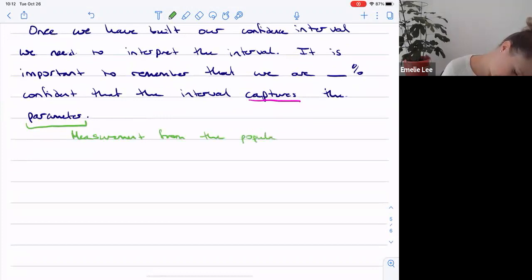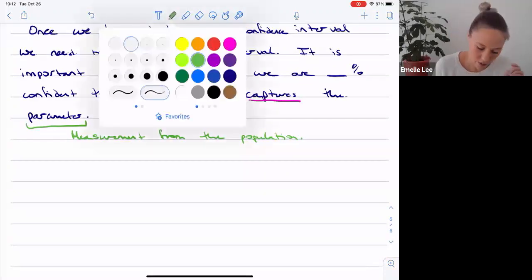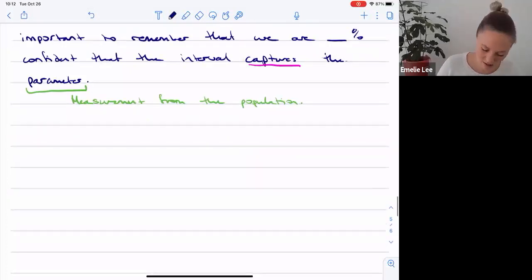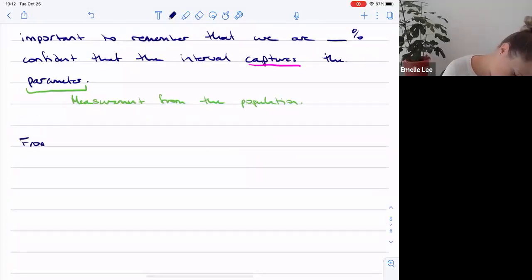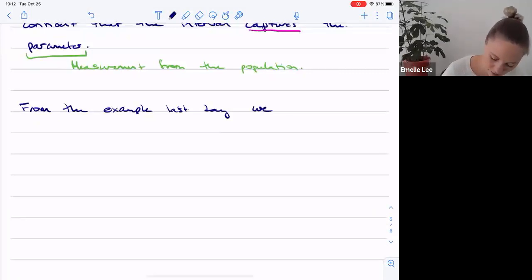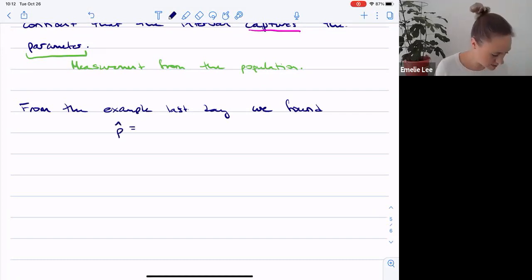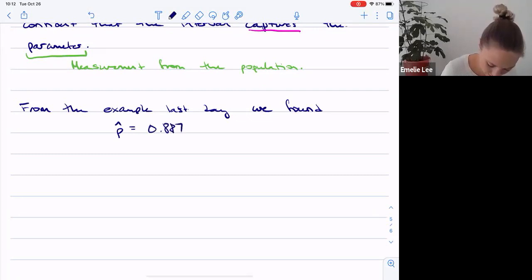Measurement from the population. Okay, so in our case, from our example from last day, we found that P hat was 0.887.